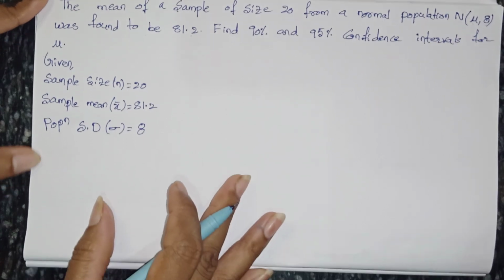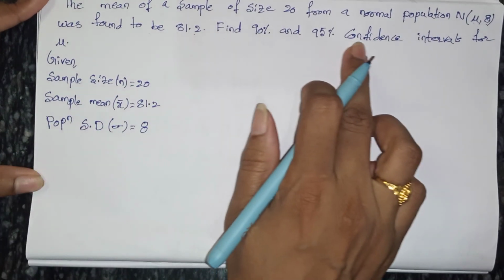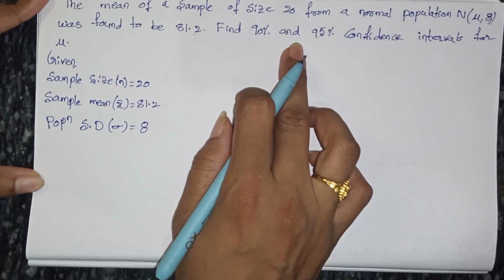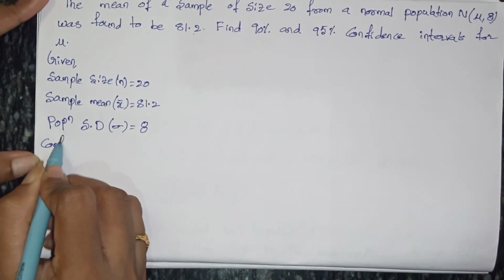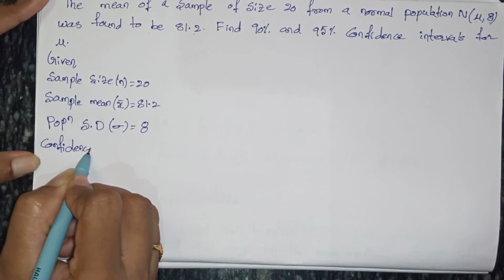Okay? So now what we have to do is find the confidence intervals for 90% and 95%.